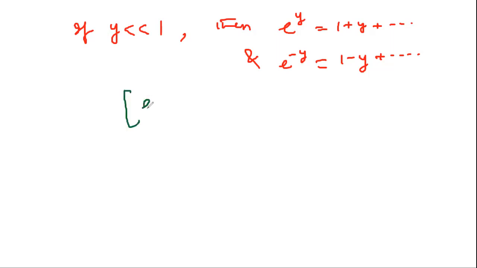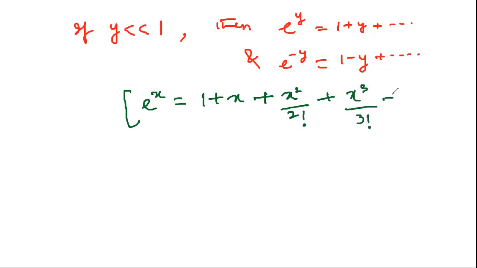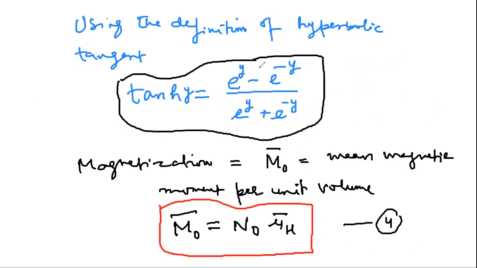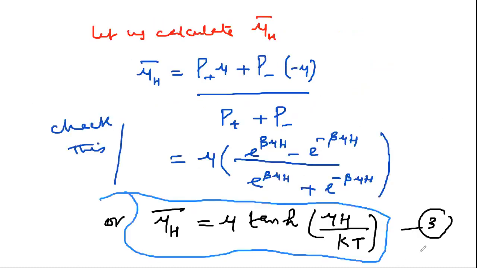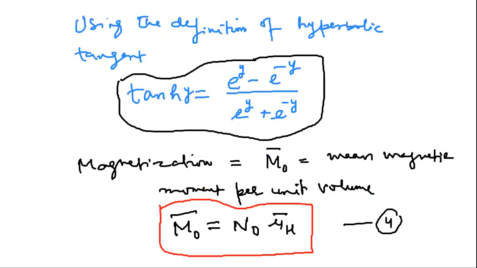E raised power x is 1 plus x plus x squared by 2 factorial plus x cubed by 3 factorial plus so on. We are making use of it here, where we have e raised power y and e raised power minus y, but our y is beta mu h or mu h by kT.